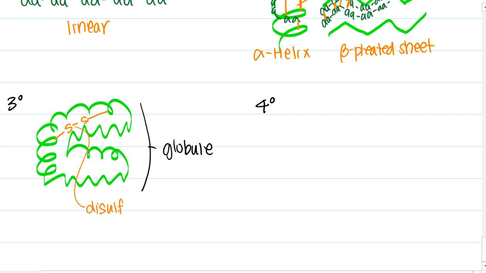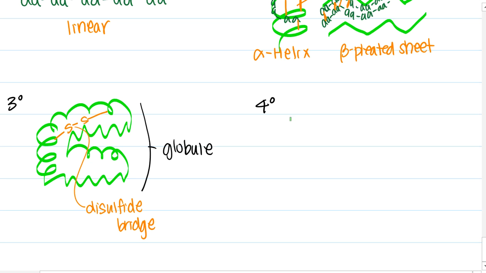So I know that this is just a covalent bond, but this covalent bond has a very special name, and this is called the disulfide bridge. Okay, and this is very special because sulfur only exists in protein among all the other 4 macromolecules. Good? All right, so now let's continue.